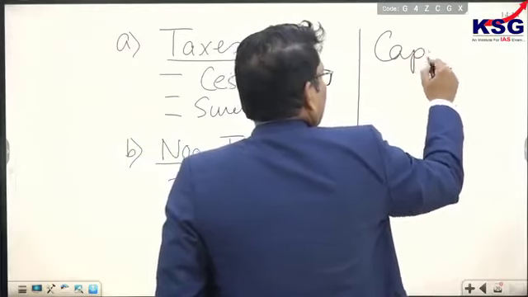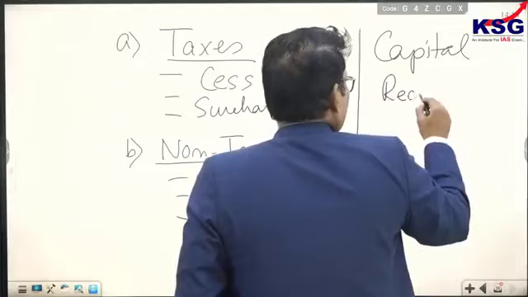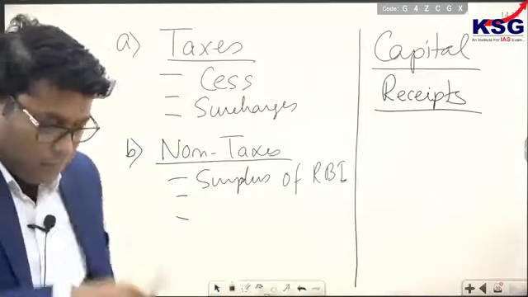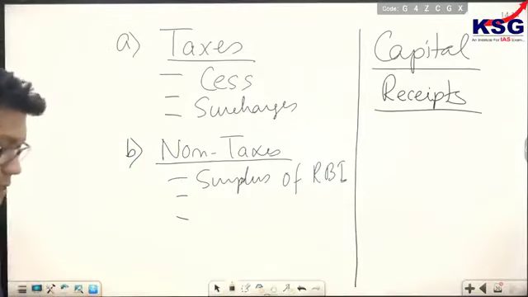Capital receipts. Any receipts of the government that change or are related to assets or liabilities of the government are part of the capital receipts.